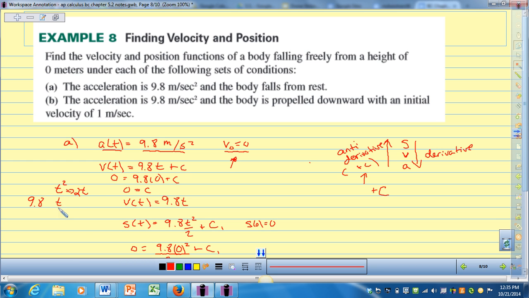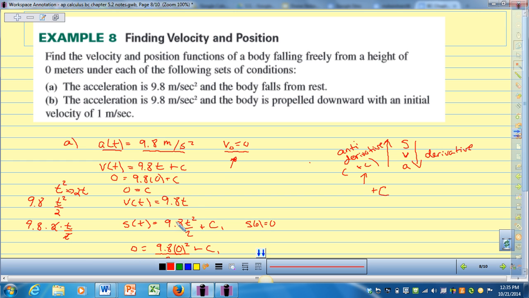But we don't want 2t, we just want t. So what we must have started with would be 9.8 times t squared over 2. When I take the derivative of that, the 2 comes down in front, so we have a 9.8 times 2 times t over 2. The 2's cancel, and we are left with 9.8t.